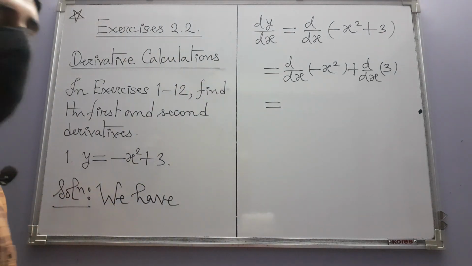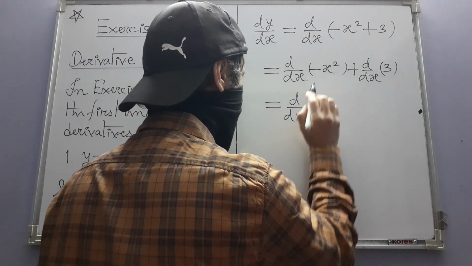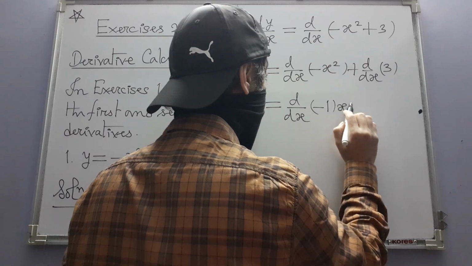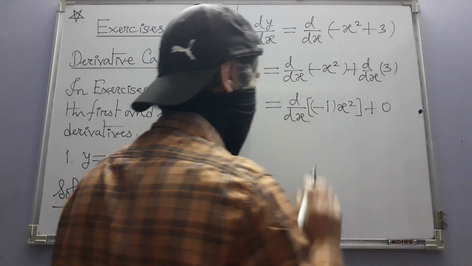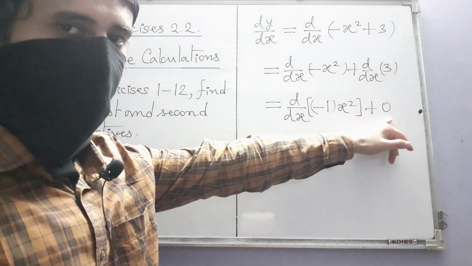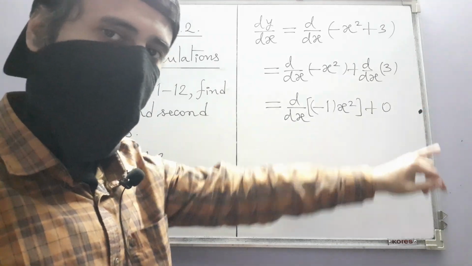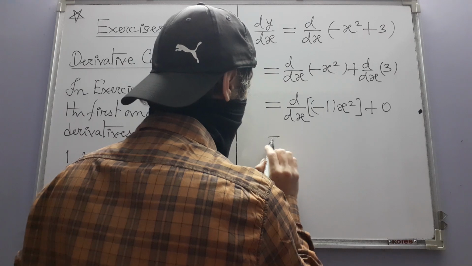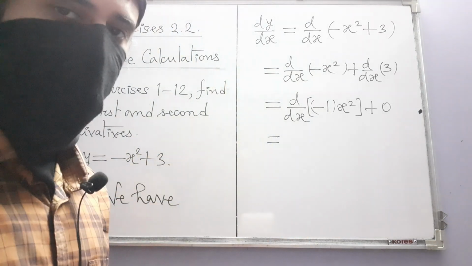But what do we do next? Well, minus x squared is minus 1 times x squared plus 0. This is the constant function rule or the constant rule. Whenever you differentiate a constant function, you get 0. It is that thing we are using here. Next, we use the scalar multiple rule.